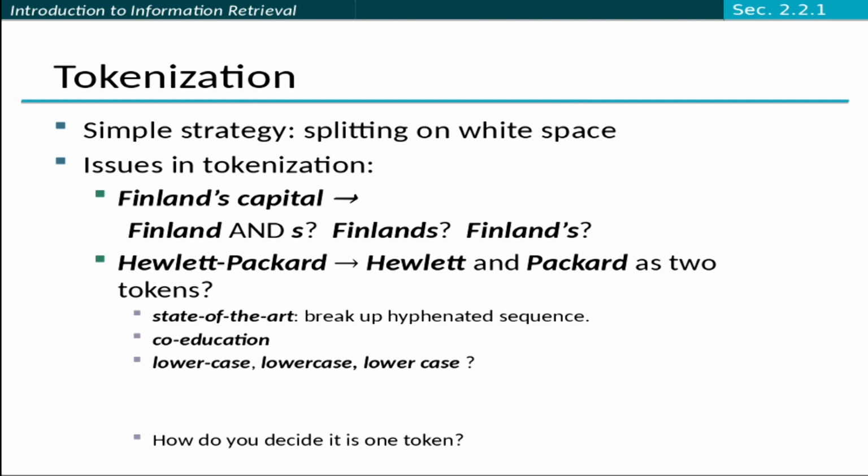Or if you have hyphenation, Hewlett-Packard, okay? It can be either a single token, Hewlett-Packard, because most of the time we refer to Hewlett-Packard together, or Hewlett and Packard. And just to give you another example, state-of-the-art can be "state of the art" altogether, or can be "state", "of", "the", "art".